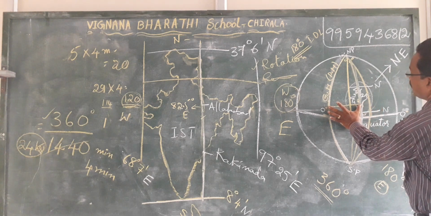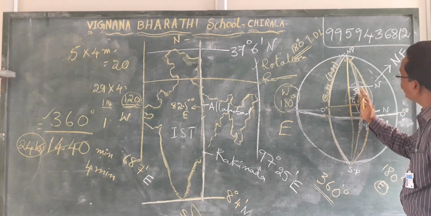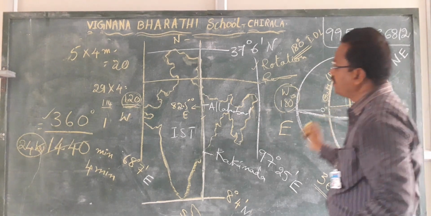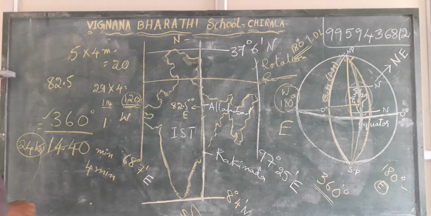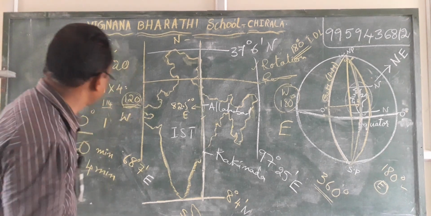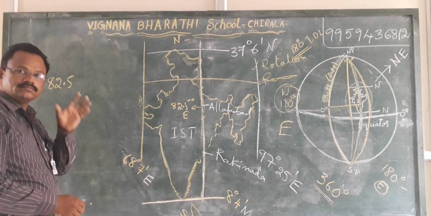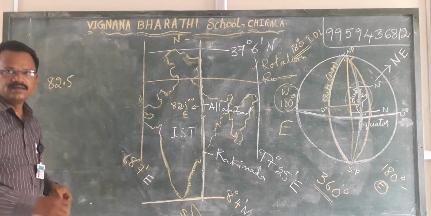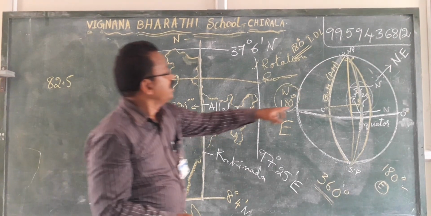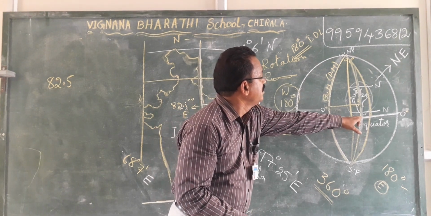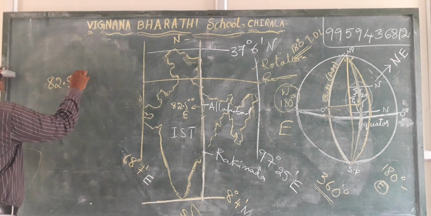The longitudinal distance from the prime meridian to the Indian Standard Time reference longitude is 82.5 degrees, which is 82.5 longitudes, including the half longitude. The longitudinal distance from the Greenwich meridian to India's reference meridian is 82.5 degrees east.